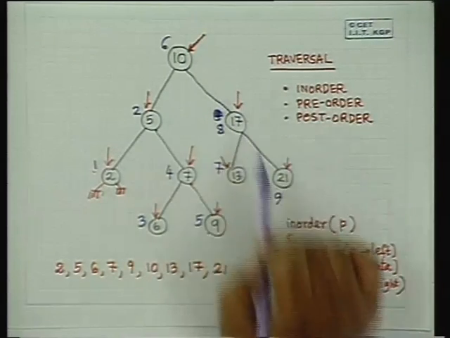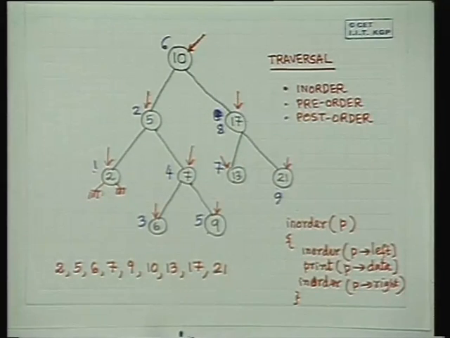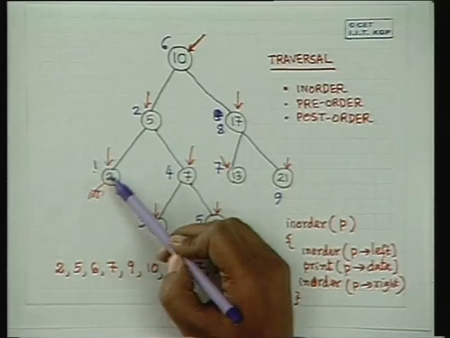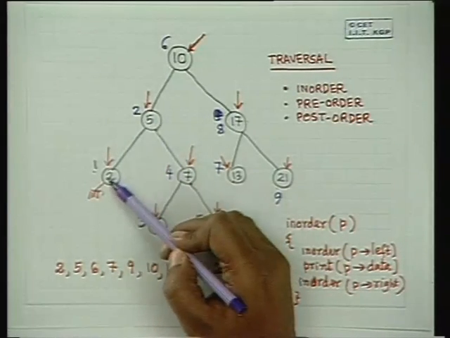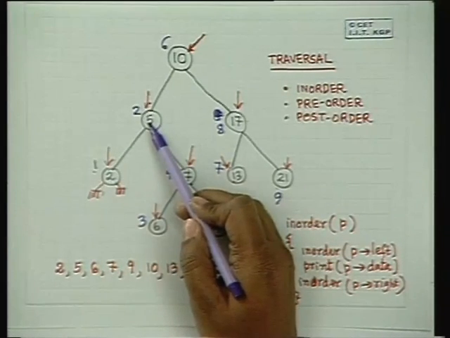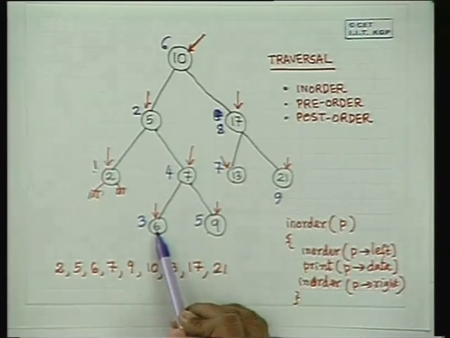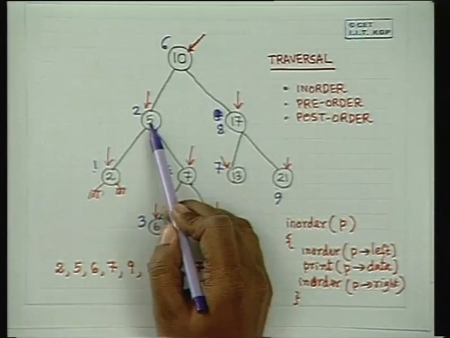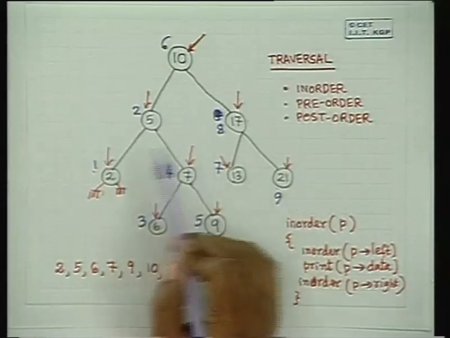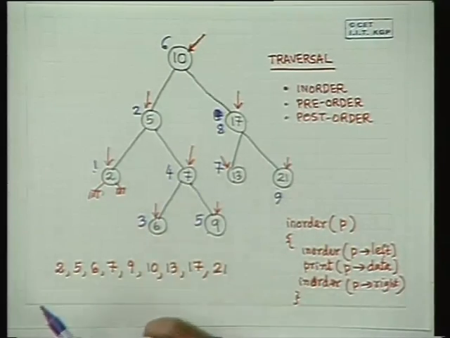So this is the sequence. And if you do an in order traversal, 5 is called the in order successor of 2. 6 is called the in order successor of 5. These are the successors in the in order sequence.